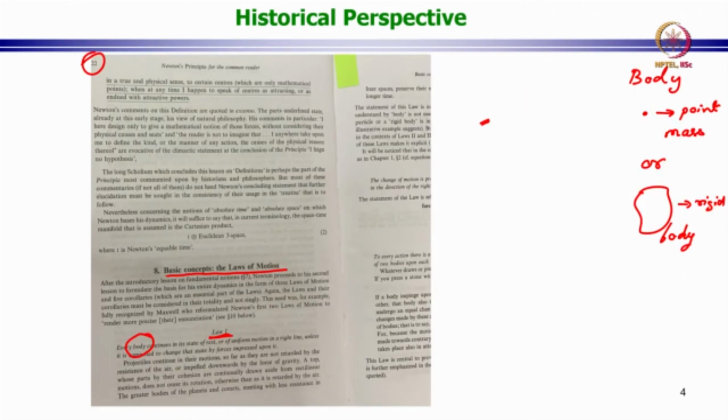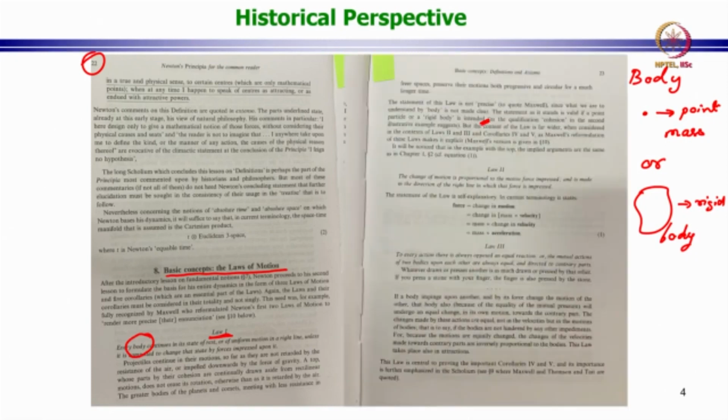And here we had Subramanian Chandrasekhar, who very nicely discusses the issues that are involved in interpretation of Newton's laws. So the idea of the body had come up, where what was meant in the original formulation was a rigid body or a point mass.